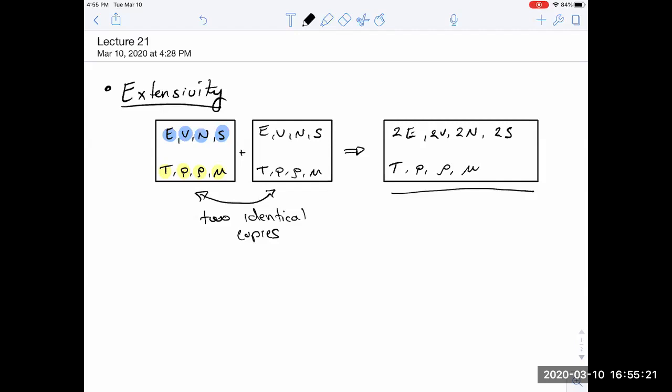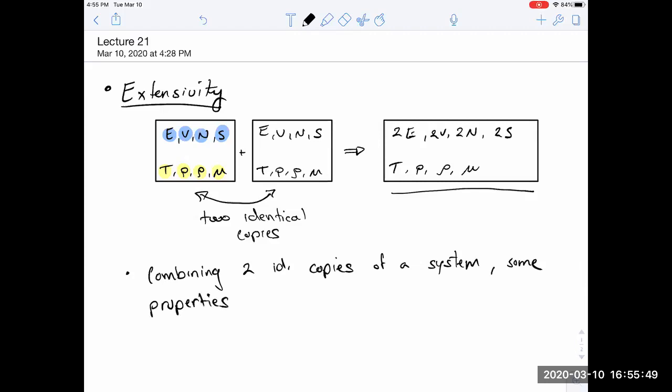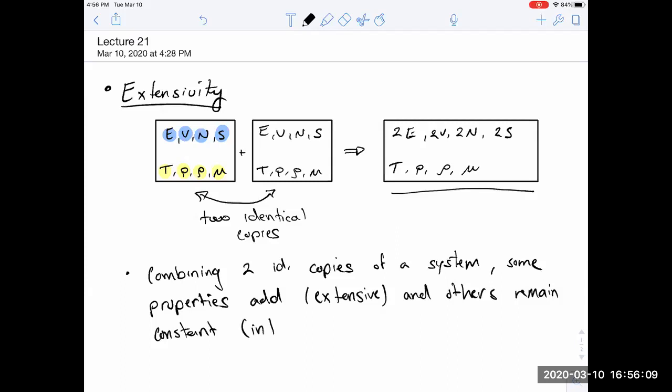So we would say that under this action of combining two identical copies of a system, some properties add, those are the extensive properties, and others remain the same. That's what we mean by an intensive quantity.